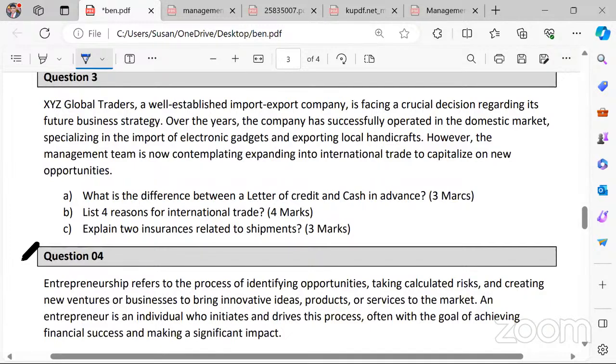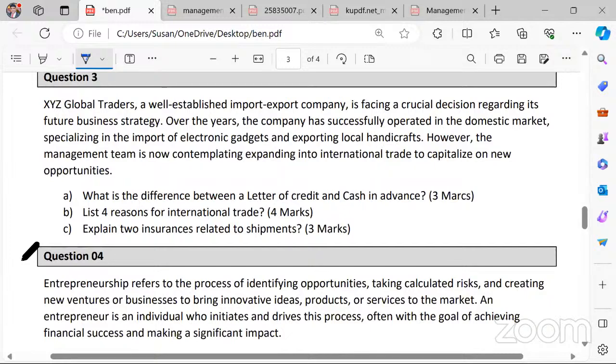Consumption patterns. They can increase their profit, right? And through international trade, manufacturers and producers have access to raw materials, right? And they can gain a competitive advantage. And they can reach the global market, right? These are reasons for international trade.